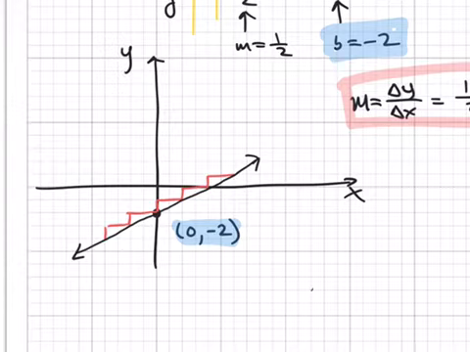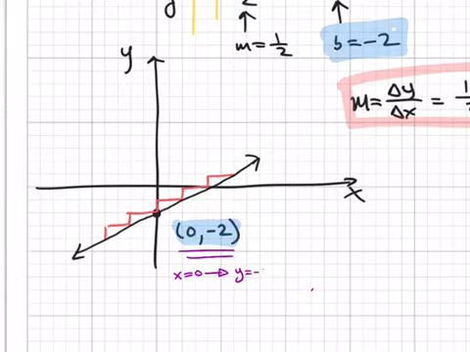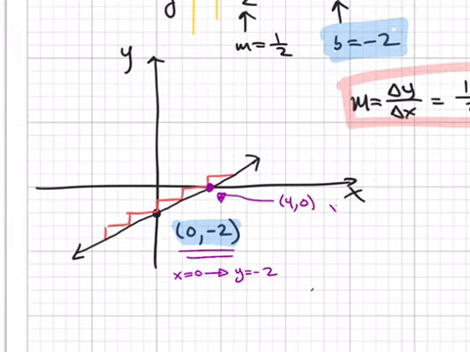You'll notice that the y-intercept is (0, -2), so that means when x equals 0, y is going to be equal to -2. And I also want to point out this other neat point, the x-intercept here, which we don't talk about quite as much in the beginning of our class. The x-intercept has the coordinates (4, 0), so that means when x equals 4, y equals 0.